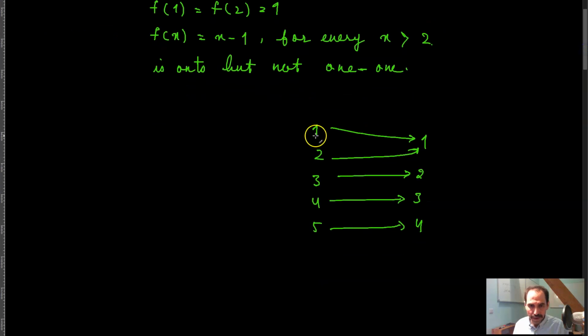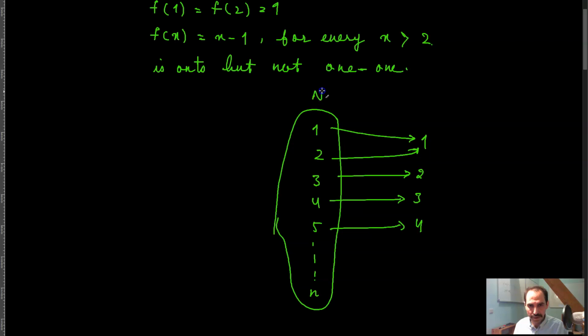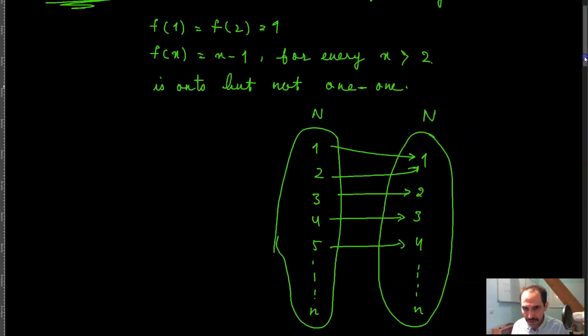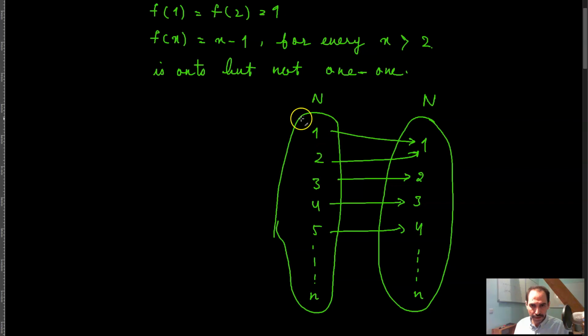So that means that every element in the set, this is the set of natural numbers, and this goes all the way up to n. So this is the set of natural numbers, and this is also the set of natural numbers, right? So as you can see, every element in the domain of the function is of course mapped to some element in the codomain of the function, which means that this is first of all a function, meaning that no element here is left out.